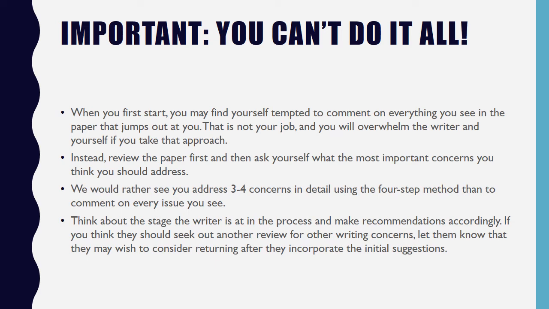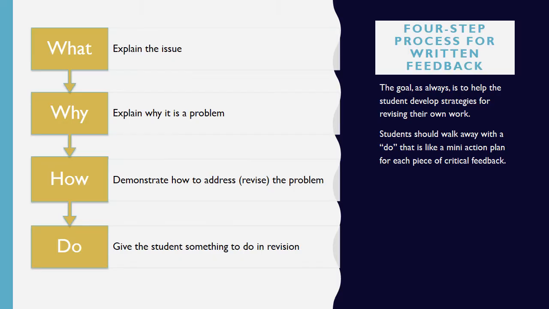And think about the stage the writer's in at the process and make recommendations accordingly. If you think they should seek out another review for other writing concerns, let them know that. And that they should come back for one more session to say maybe look at X, Y, and Z after they incorporate your initial suggestions.